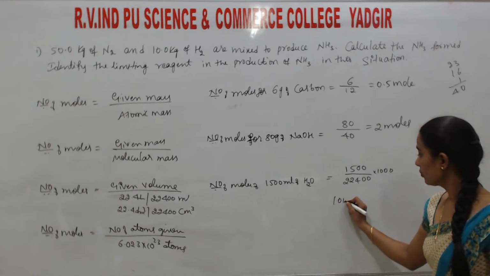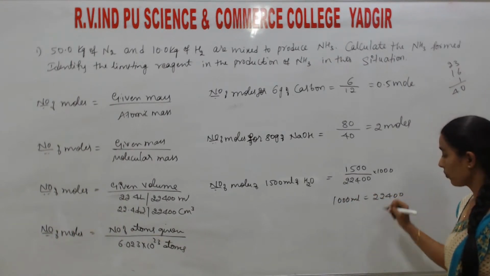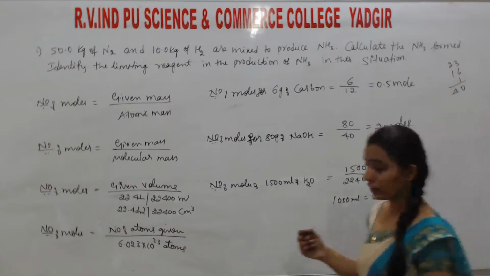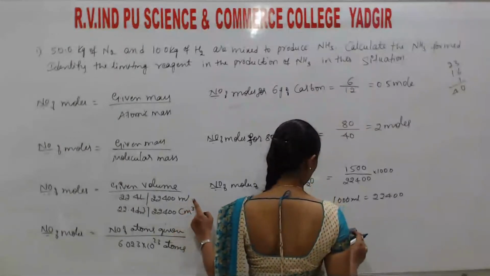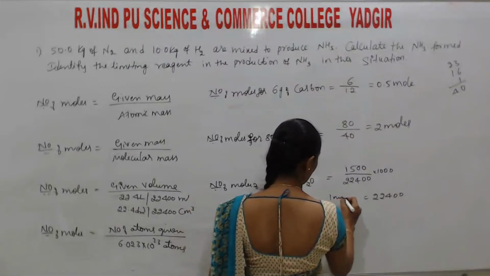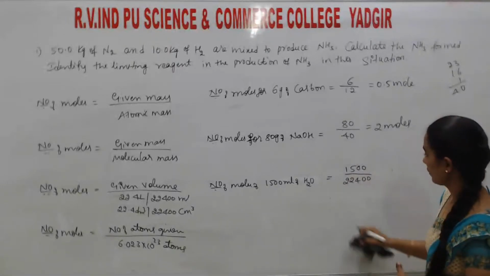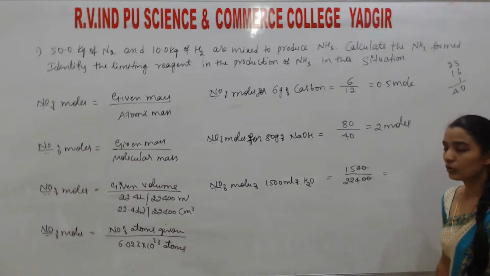Because 1000 ml is equal to 22,400. Okay, you can calculate easily. So this is 15 divided by 224.